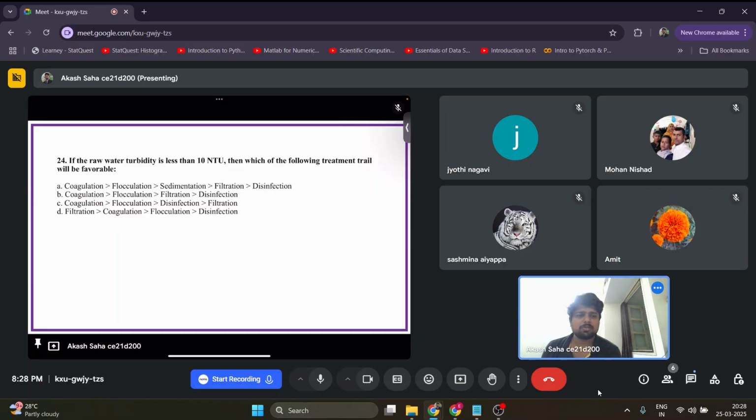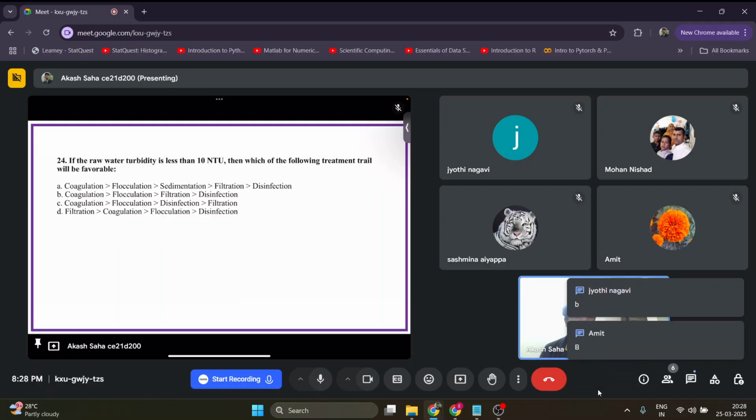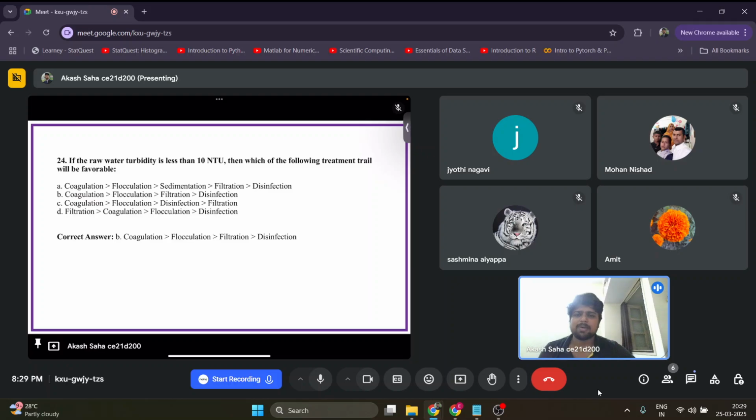Which of the treatments will not be required? B. Yeah, that is true. First coagulation, flocculation. Then we need not go for any sedimentation. It can be directly followed by filtration, then disinfection. Just this order is correct. We only have to check whether sedimentation is required or not.